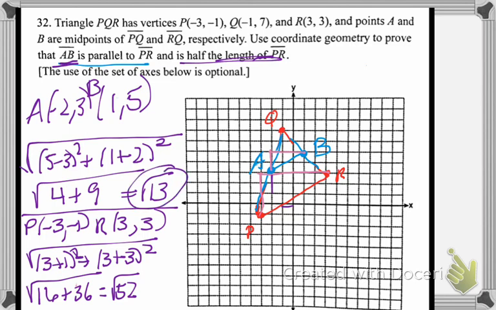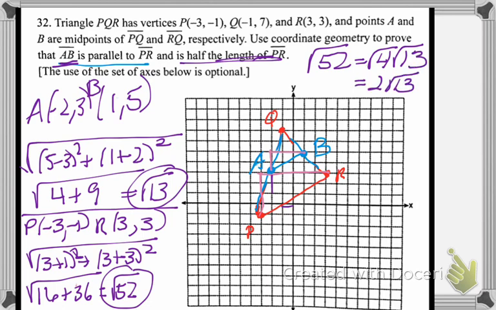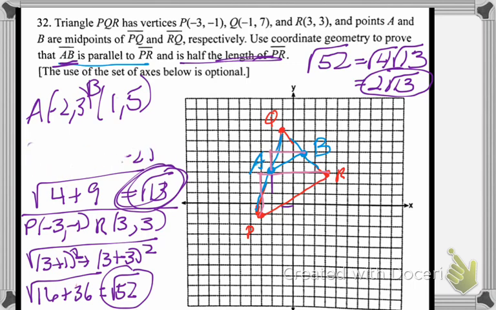So it looks right now like these are unrelated, but radical 52, if we simplify it, is equal to 4 times 13, and the square root of 4 is 2. So 2 radical 13 and radical 13, yes, PR is twice as big. So I'm just going to erase this so we can write our concluding sentence.